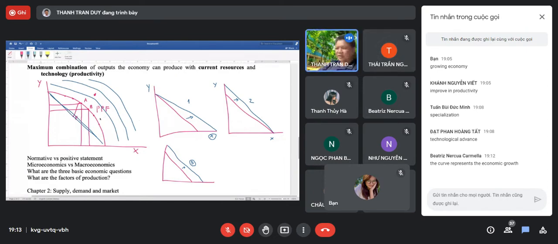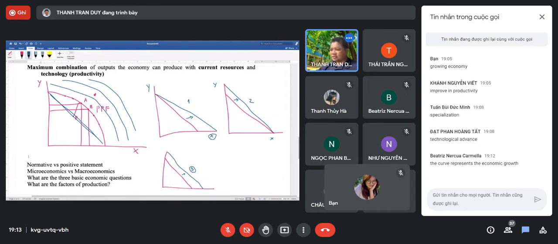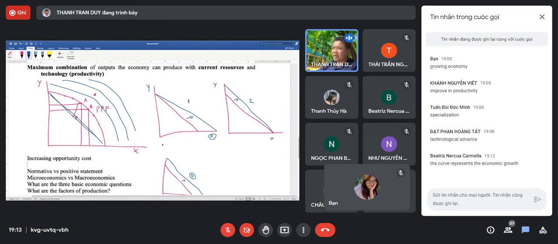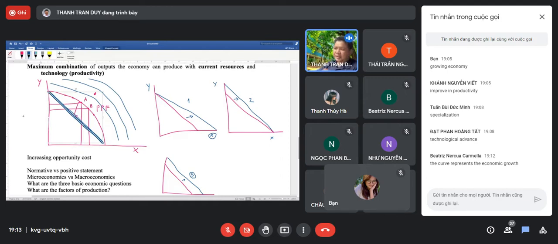The reason, the keyword, they call increasing opportunity cost. Because if the curve is a straight line, we have constant opportunity cost.